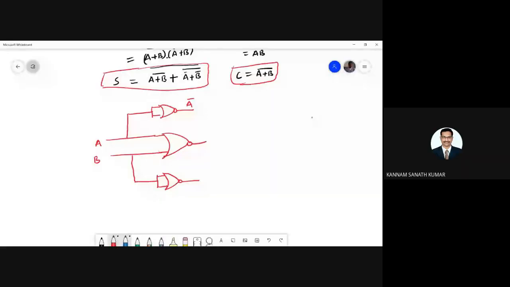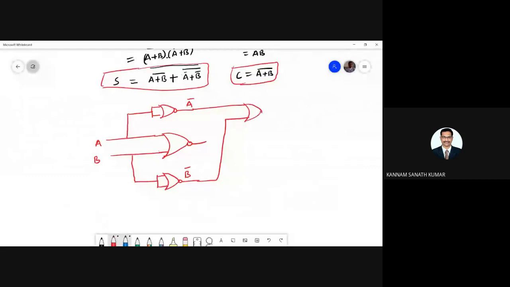Now I want A bar plus B bar whole bar, so here I will get A bar. I take this input and give it to one NOR gate.